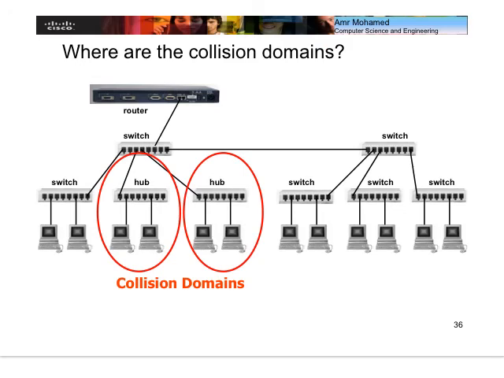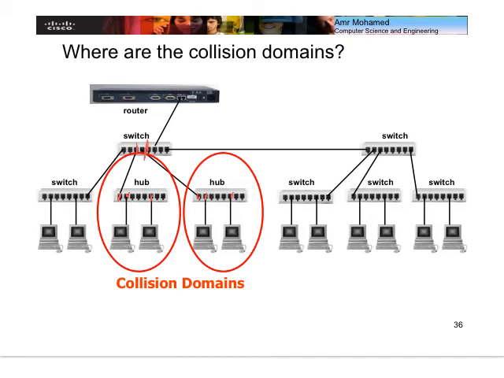So how about ports? How many, you mean the full duplex ones? How many half duplex ones? 6. 1, 2, 3, 4, 5, 6. Right? And of course, this one is half duplex, this one is half duplex.